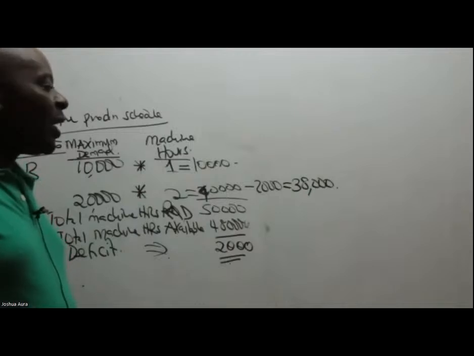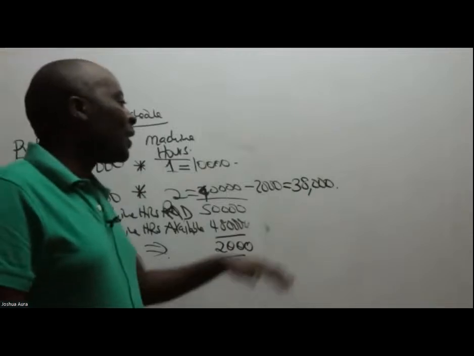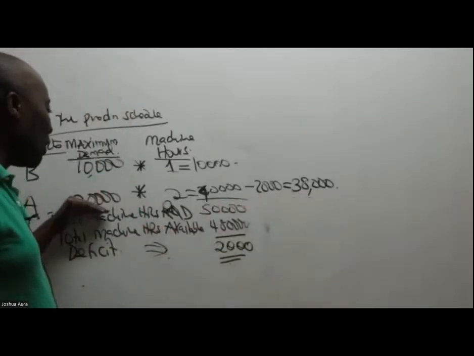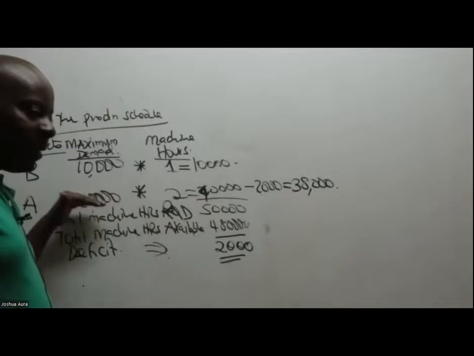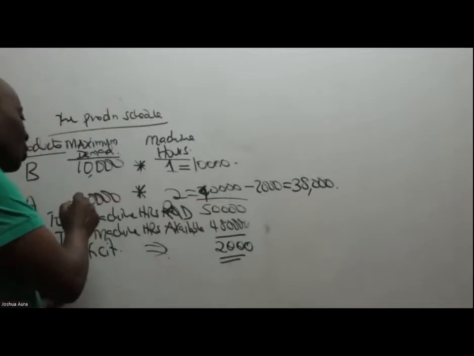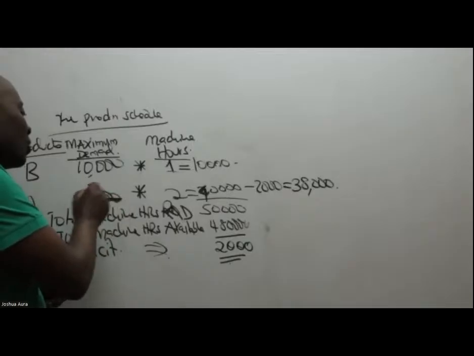Great. So what does that mean? If I've slashed the resources of A to 38,000, then I must also slash the units here. So I will assume that the quantity here is not known.